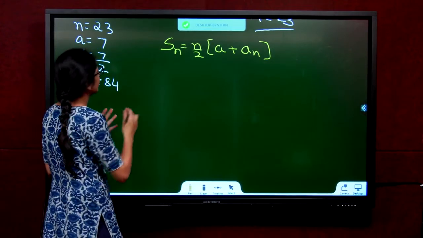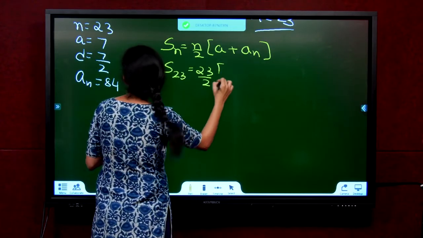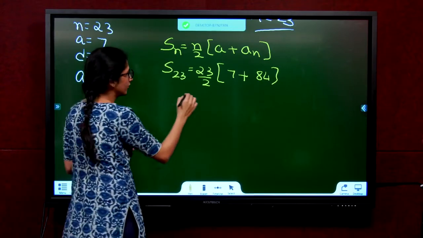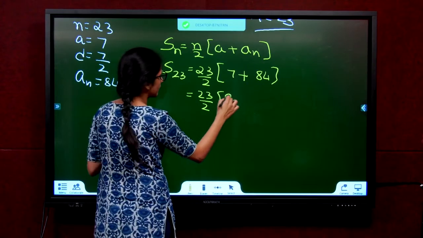Okay, so what do we have to find? Sum of the 23 terms. So 23 by 2 into A 7, An 84. Observe, 23 by 2, 7 plus 84, 91.